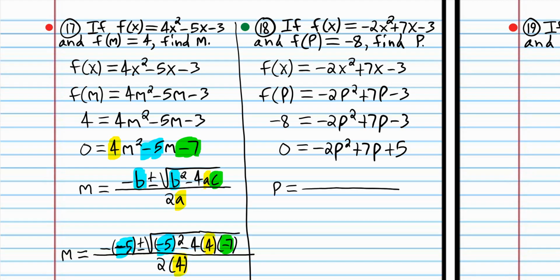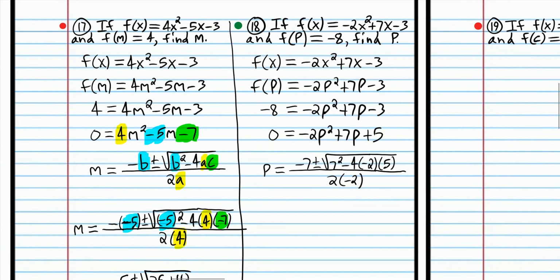So we have negative b plus or minus root b squared minus 4 times a times c. You don't have to write the quadratic formula every time you use it. All of that over 2 times a. So I'm going to use the same colors here just so we can know where everything came from. You don't have to use colors if you don't want to.